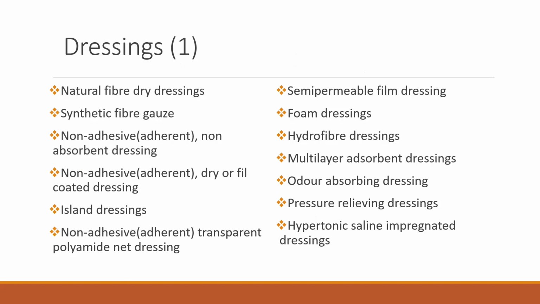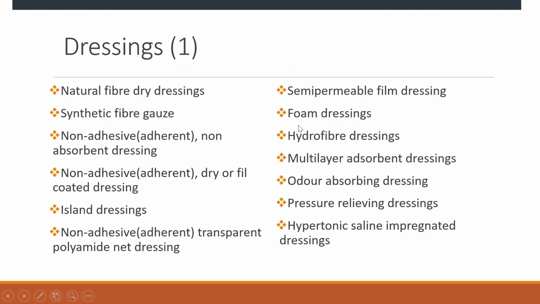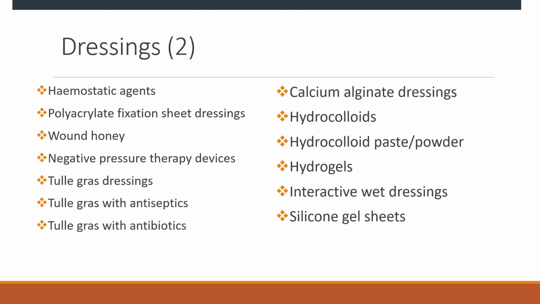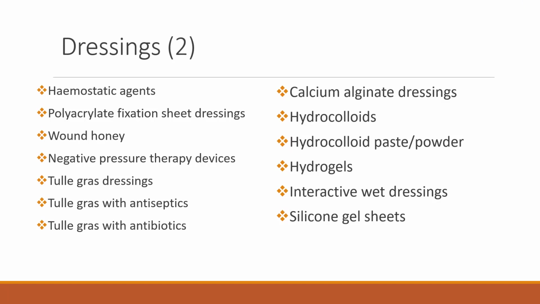You can see that nowadays there are so many different dressings. So from here you can see these wound dressings, there are about 10 to 20 kinds, so I will introduce several of them. In this lecture, we will talk about most of them and give you an idea what sort of dressing you can select when you decide to treat a wound.